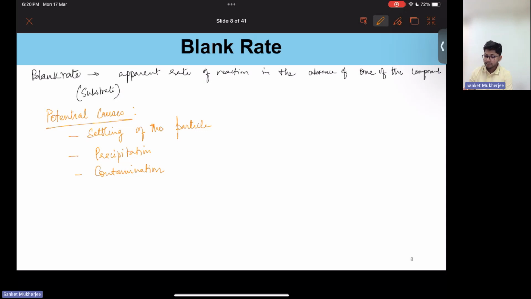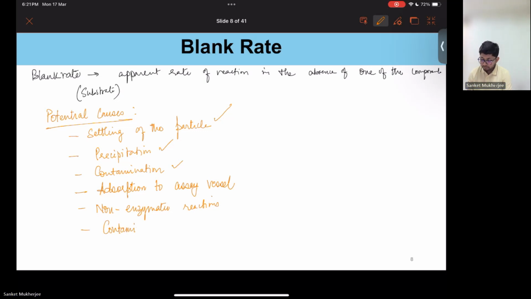In that case, particle settling could be a reason, precipitation could be a reason, contamination could be a reason, adsorption to assay vessel. There could be some non-enzymatic reactions. Or there could be contaminating enzymes.